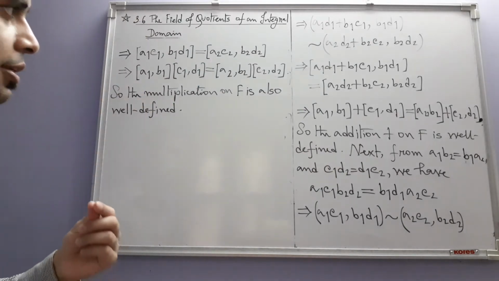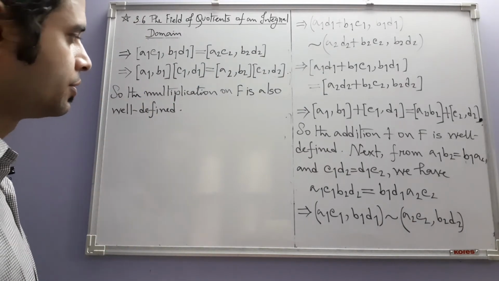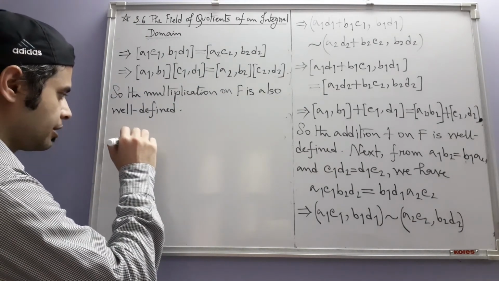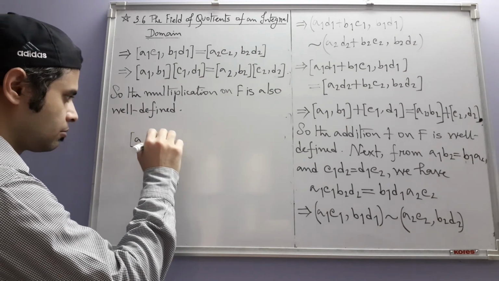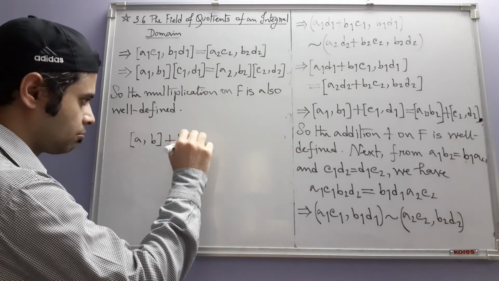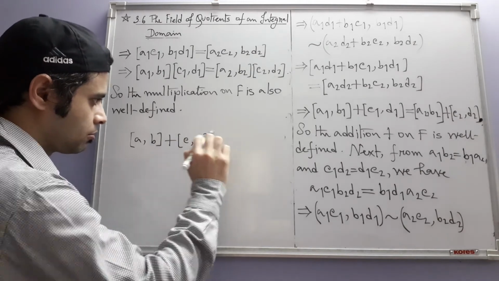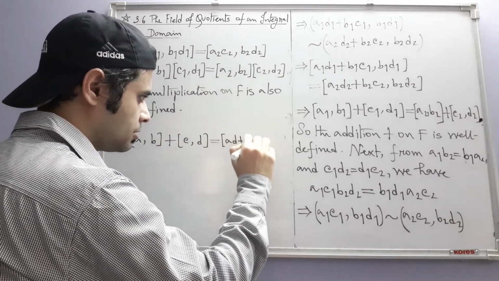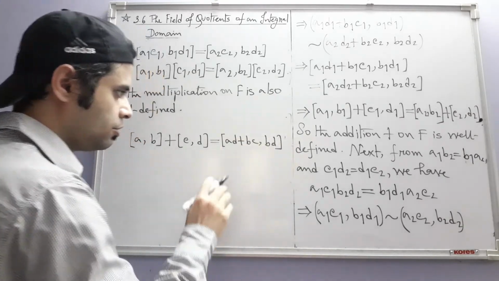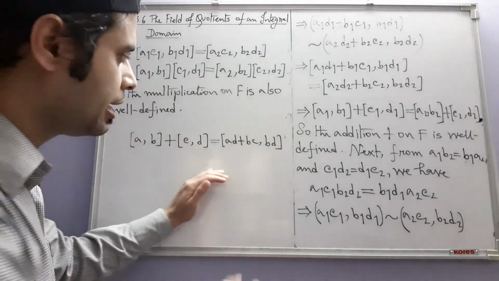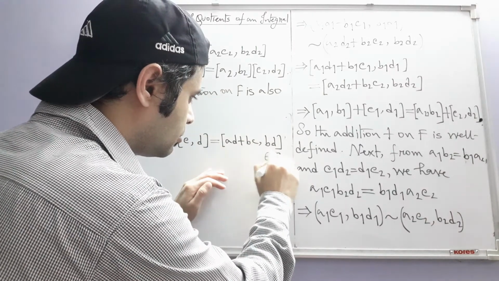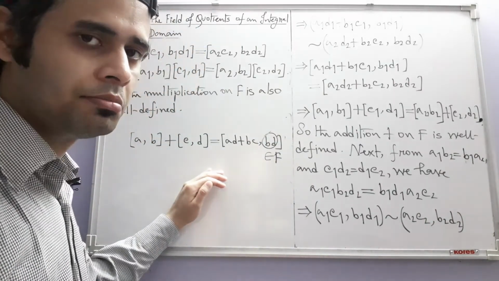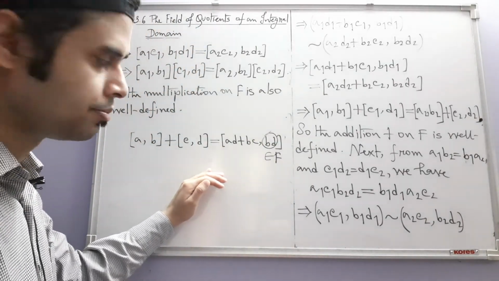So when I am defining addition like this, ad plus bc comma bd, for this to again be an element of F, this has to be non-zero, because otherwise it's meaningless, no?